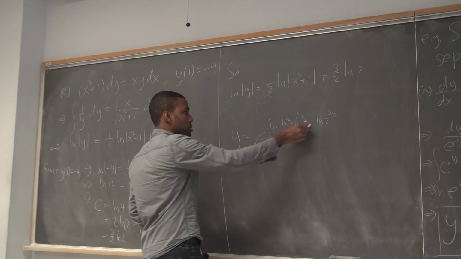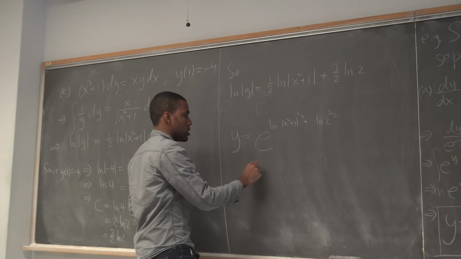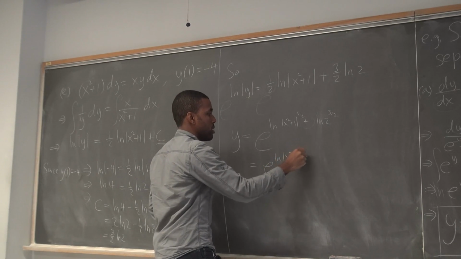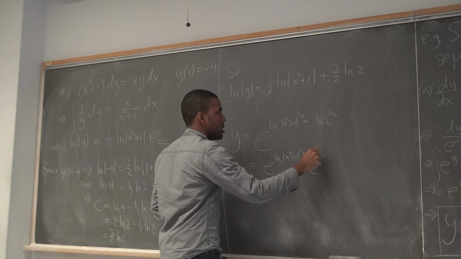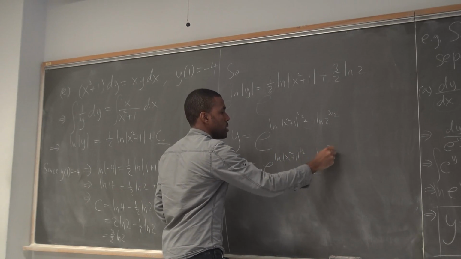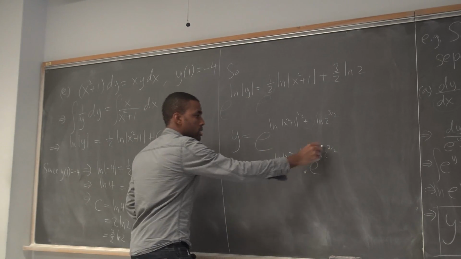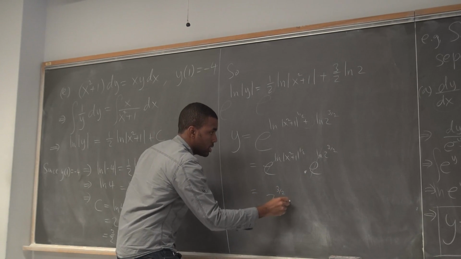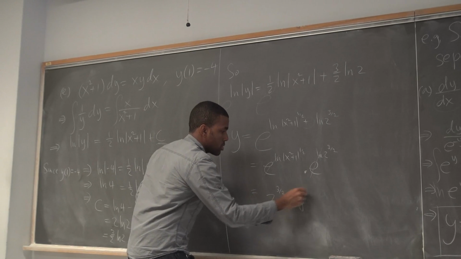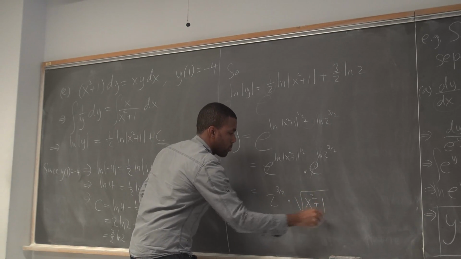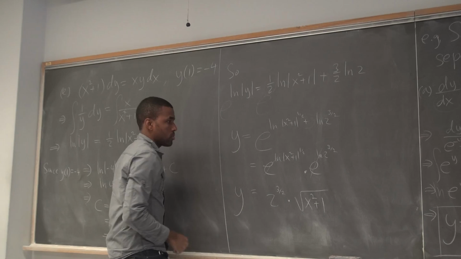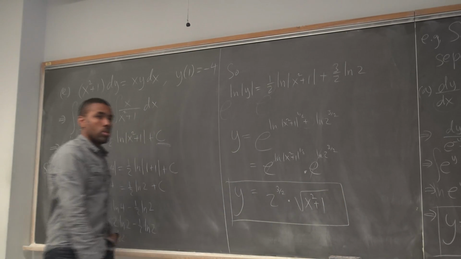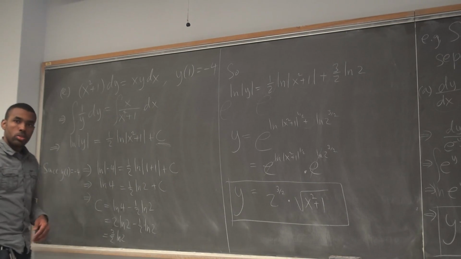Right, times, because there's a plus here, it means you have to multiply. So it's just e to the ln of x squared plus 1 to the 1/2 times e to the ln of 2 to the 3/2. And then the e's and ln's will cancel out, so what you have is 2 to the 3/2 times the radical of x squared plus 1. And that would be your solution in this case.